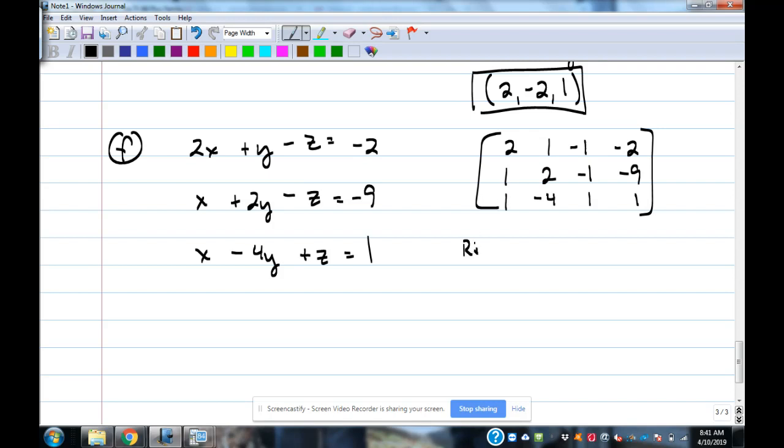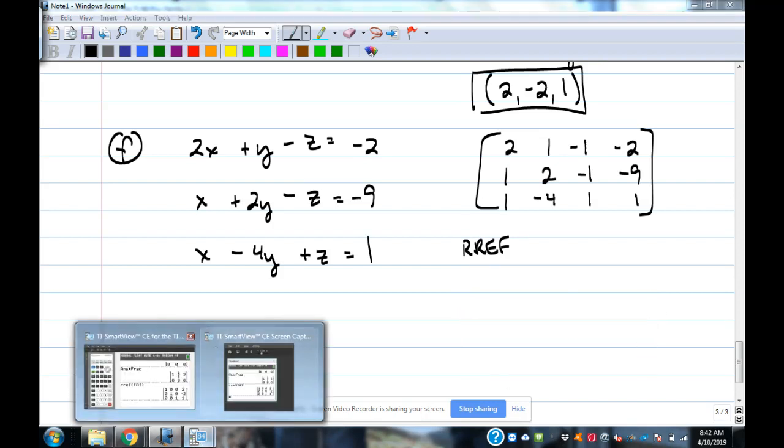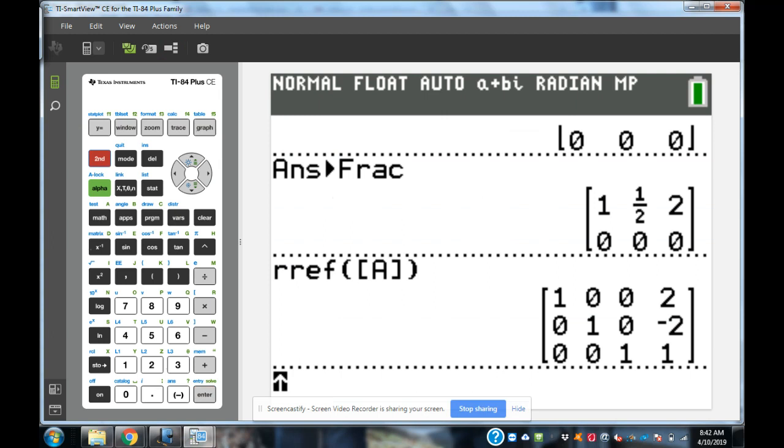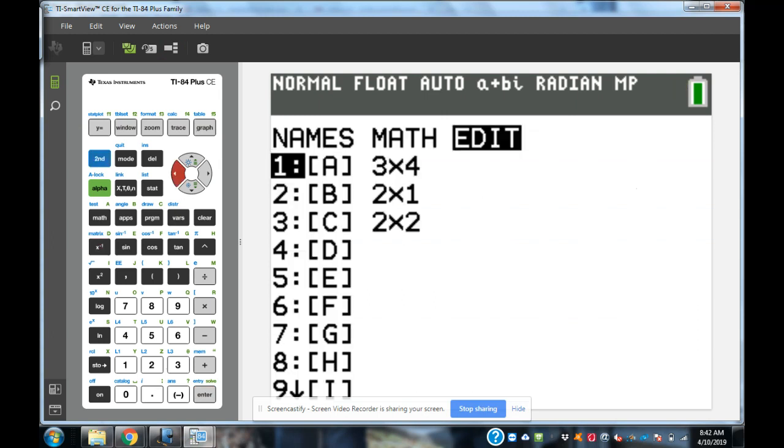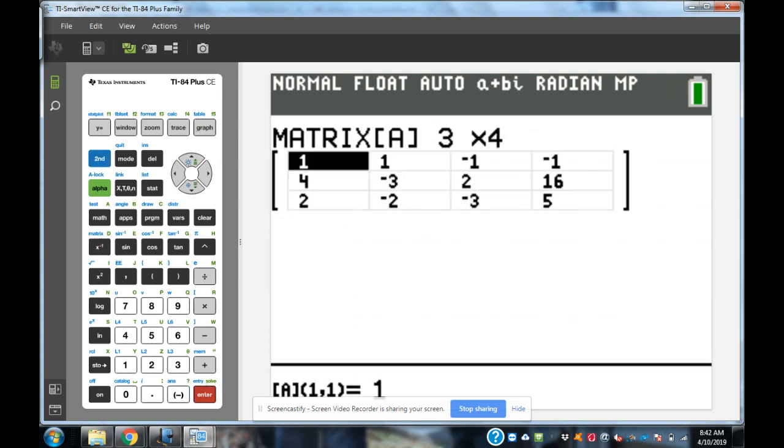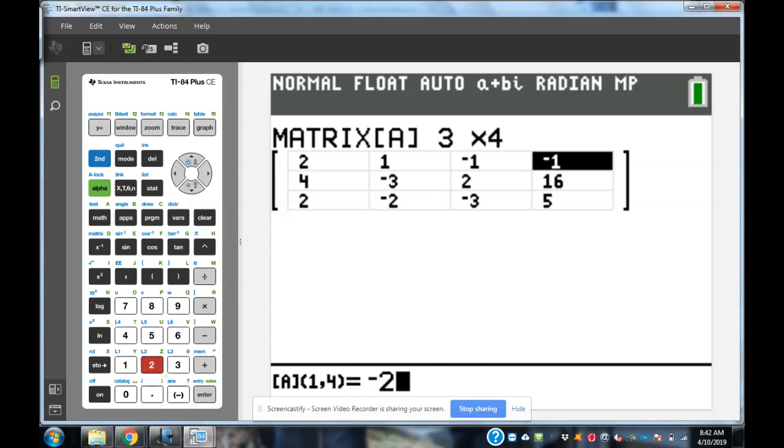And through our REF, I'm going to copy it, paste it. That's what I'm going to do. Second matrix, edit. 2, 1, -1.